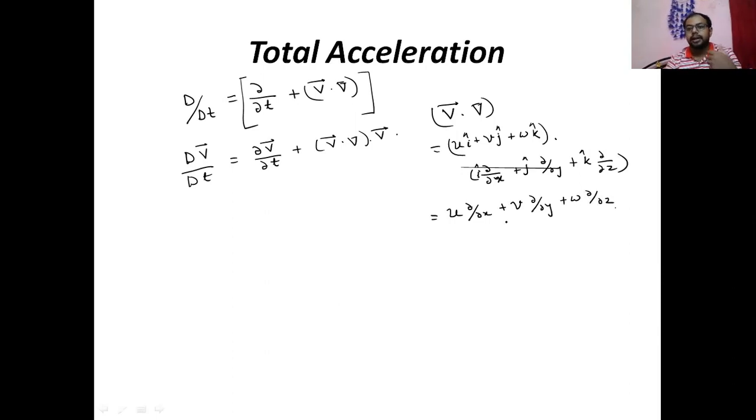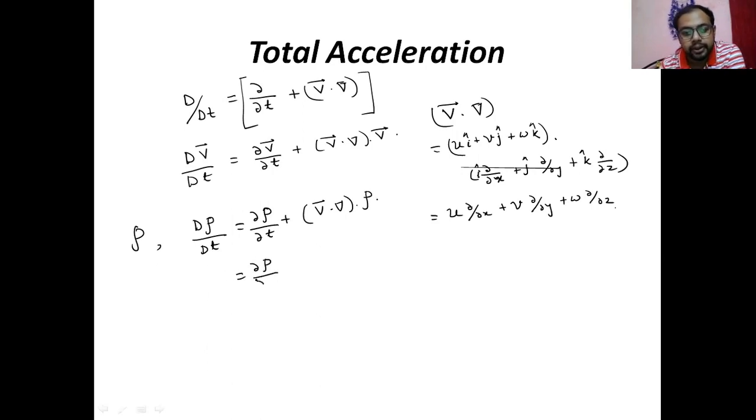For any total derivative case, if you change the parameter, it comes in the same manner. Instead of V, for any parameter, if it is rho, the total derivative of density, D rho by Dt means del rho/del t plus u d rho/dx plus v d rho/dy plus w d rho/dz.